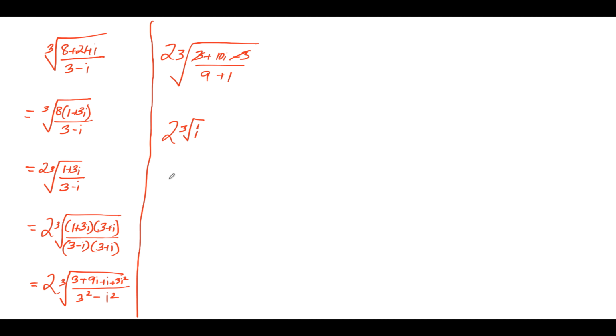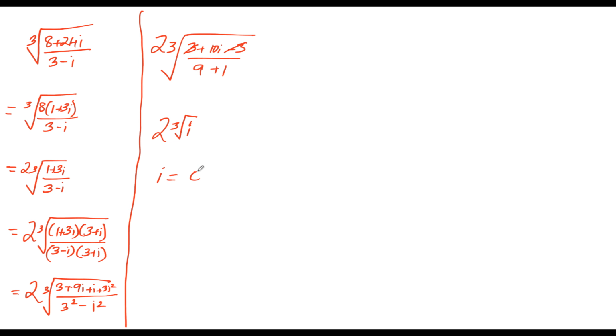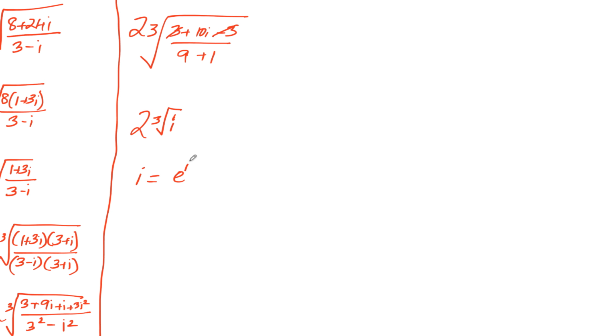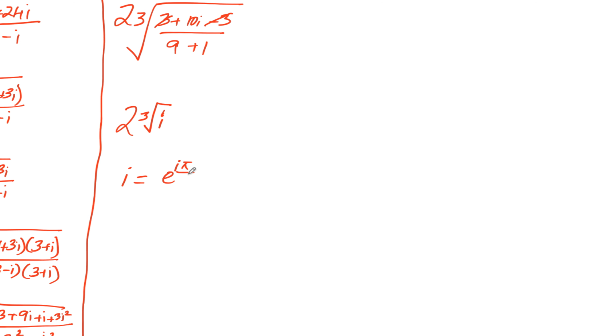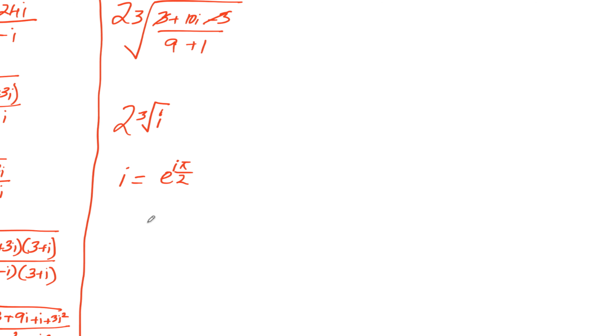We all know that i is equal to e power i pi by 2. Now how do we know this? Well, based on Euler's formula, we know that e power ix would be equal to cos x plus i sin x.